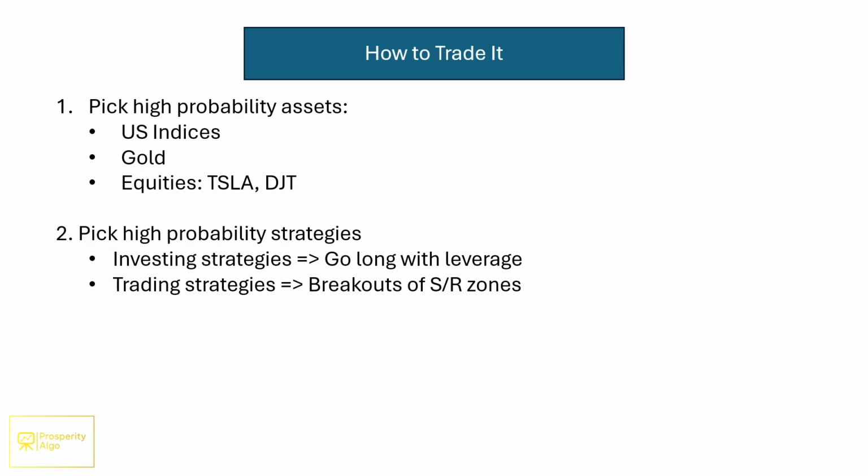And really, I'd say we can take a two-step approach here. We can pick the high probability assets, and assets which are responding positively to these catalysts. The most obvious here are US equity indices, as the general market will react to changes in US policy. Another really interesting one here is gold.